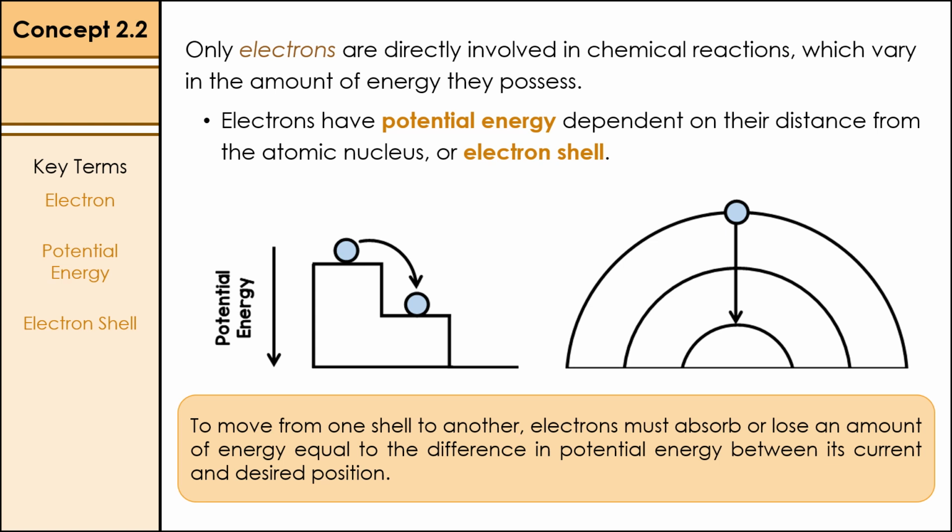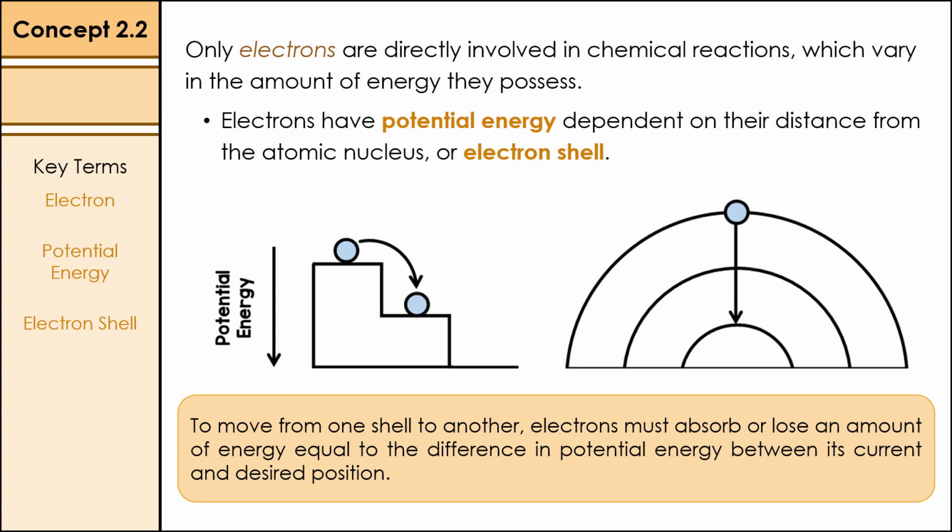We see something very similar when we look at electrons in terms of their location outside of the nucleus. They have less potential energy the closer they are to the nucleus because they are attracted to those positive charges that we have in the protons.